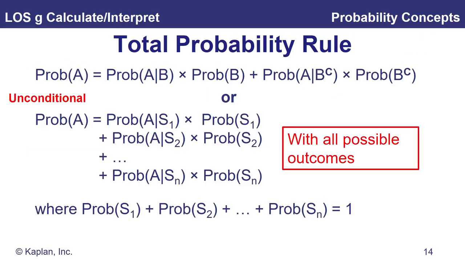Okay, so let's return to our total probability rule here. Now, the LOS asks us to calculate and interpret unconditional probabilities using the total probability rule. So we're looking for the unconditional probability of event A occurring here, and we've been given some conditional probabilities and unconditional.